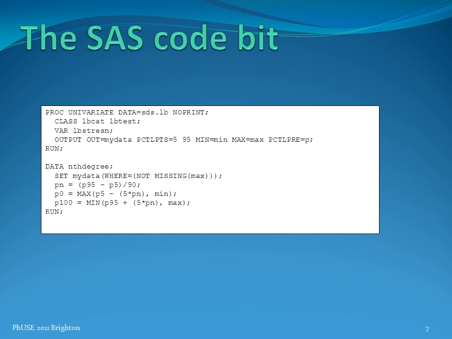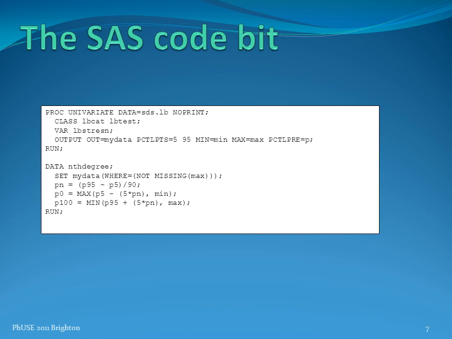So here's a little bit of code. PCTLPTS, percentile points, that's 5 and 95. You could do P5 equals P5, or P95 equals, naming whatever variable you want. You've got your min and your max.